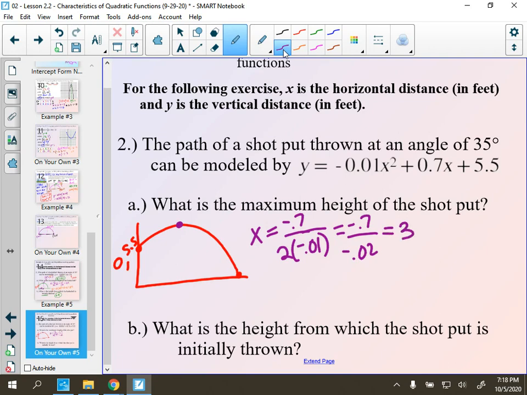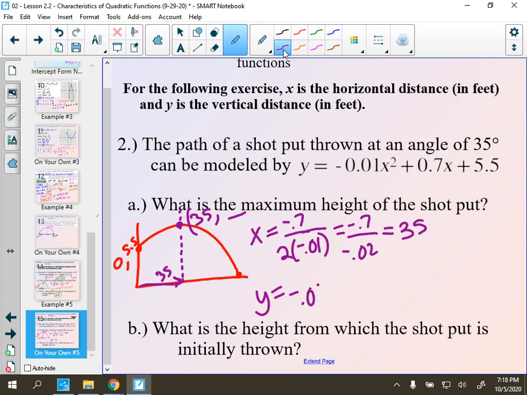And I'm getting an x value of 35. So our axis of symmetry is 35 feet here. 35 is my vertex. Let's plug that 35 in here and finish this one up.